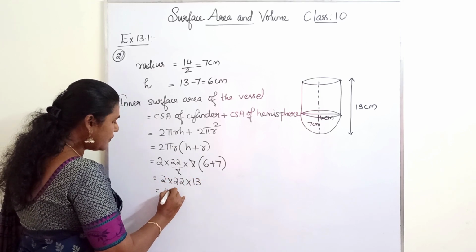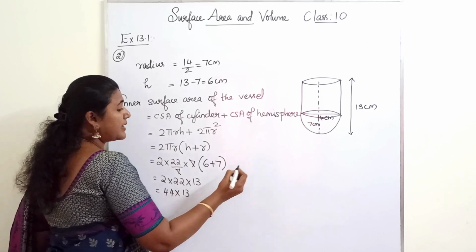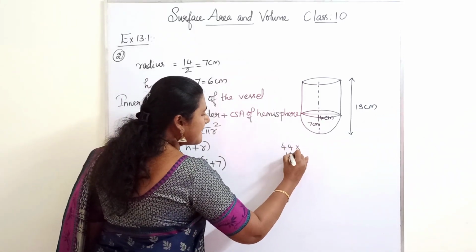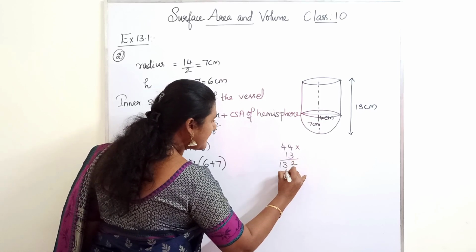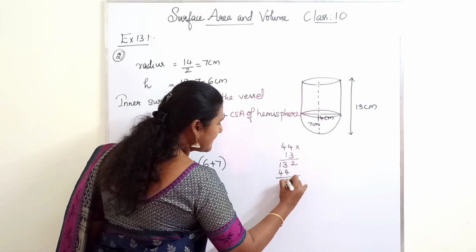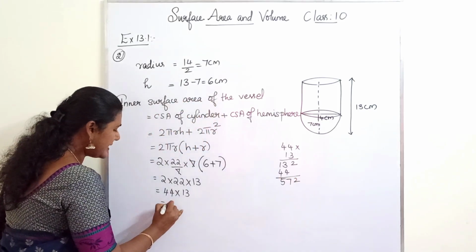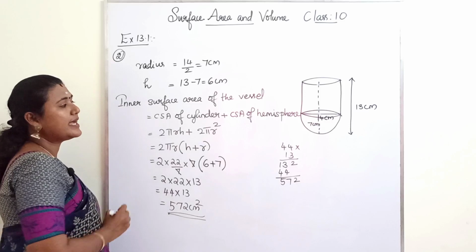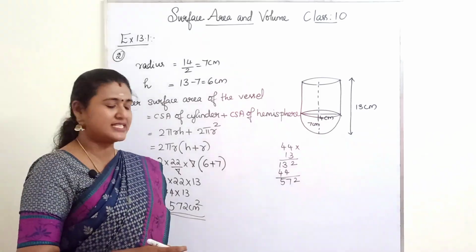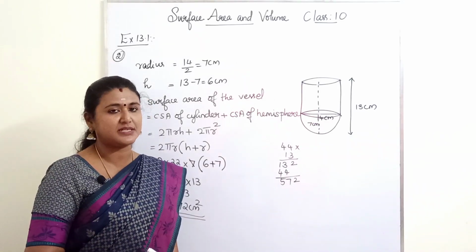So 44 into 13 we will multiply. So the answer is 572 centimeter square. So the inner surface area of the vessel is 572 centimeter square.